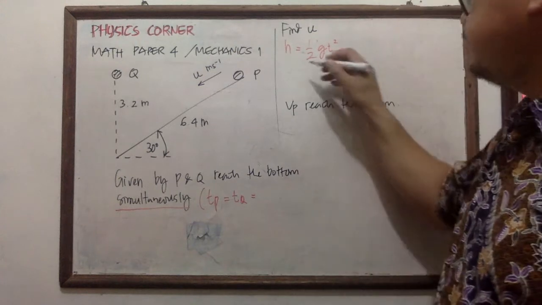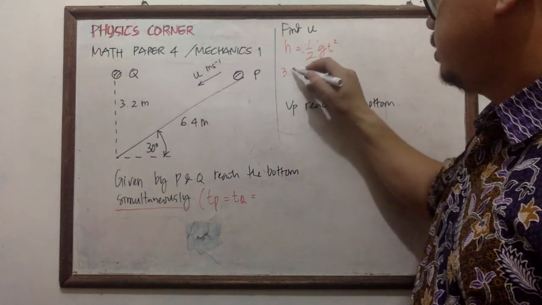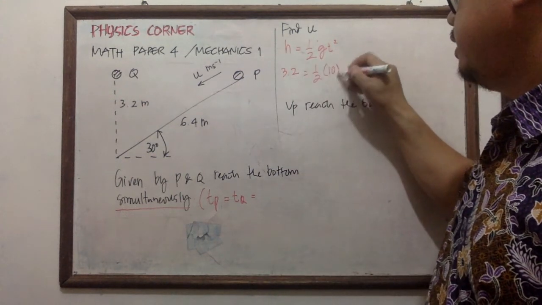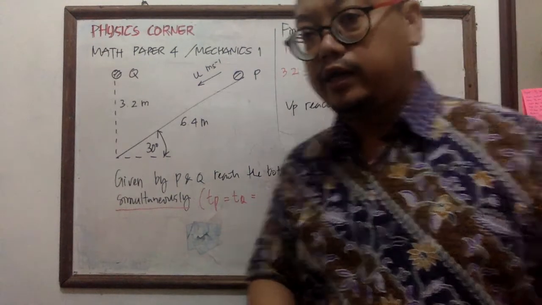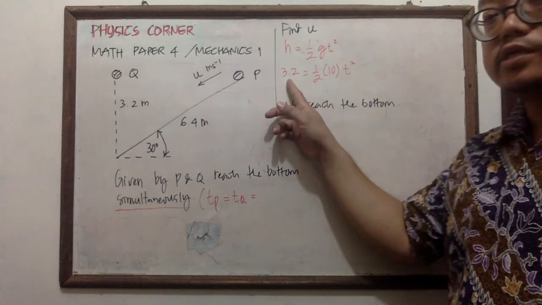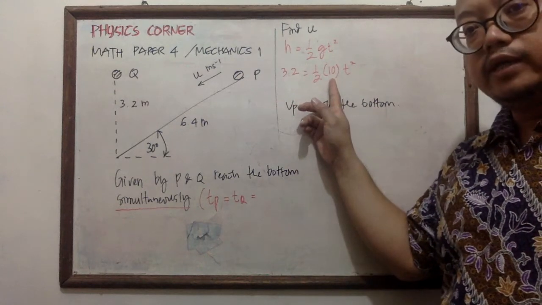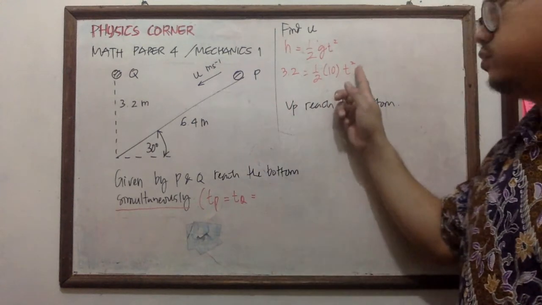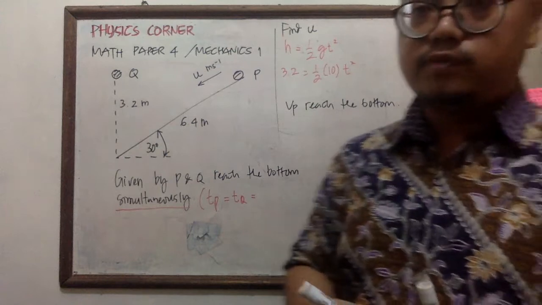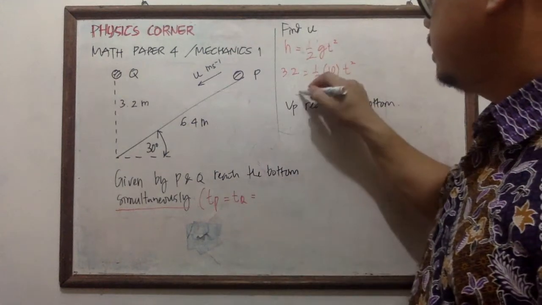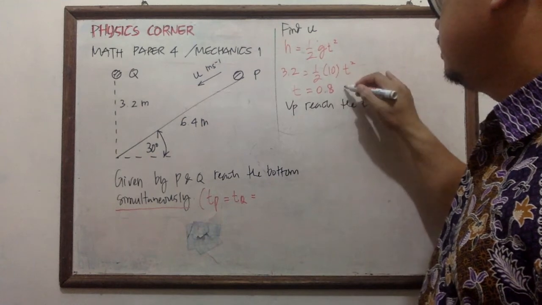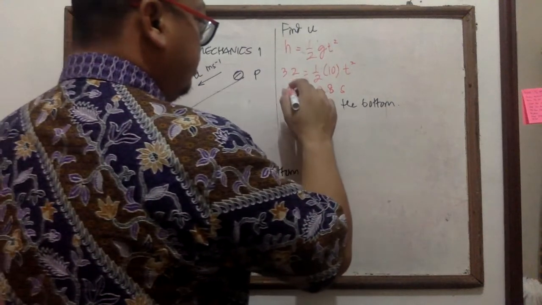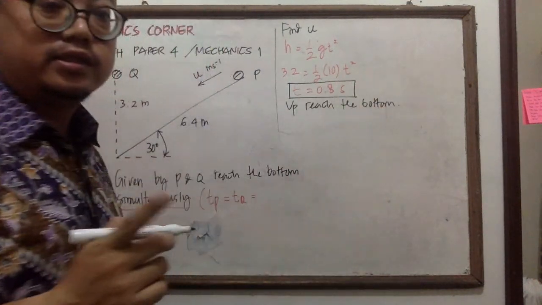So h is 3.2 meters equals a half of g, let's say 10, times t squared. 3.2 times 2 equals 6.4, divided by 10 equals 0.64. So 0.64 equals t squared, so t is the root of 0.64, which equals 0.8 seconds. Finally we get the time taken when Q reaches the bottom is 0.8 seconds.